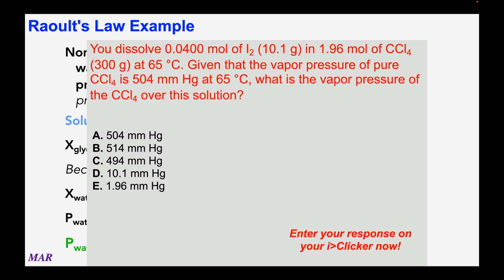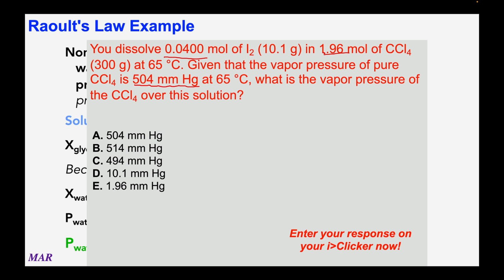So we'll use the vapor pressure in the solution equals the pure vapor pressure, 504 millimeters of mercury, times the mole fraction of the solvent. We have 1.96 moles of carbon tetrachloride and 0.0400 moles of iodine.